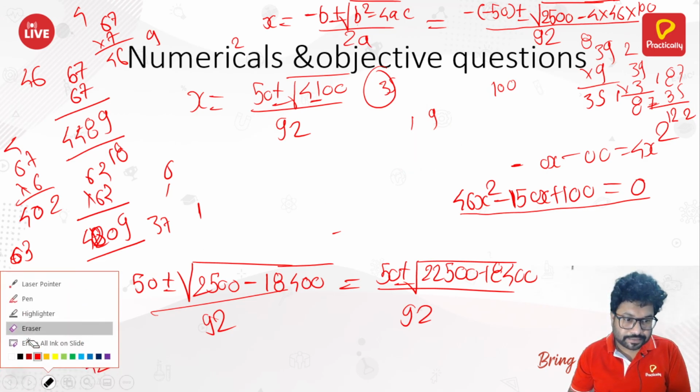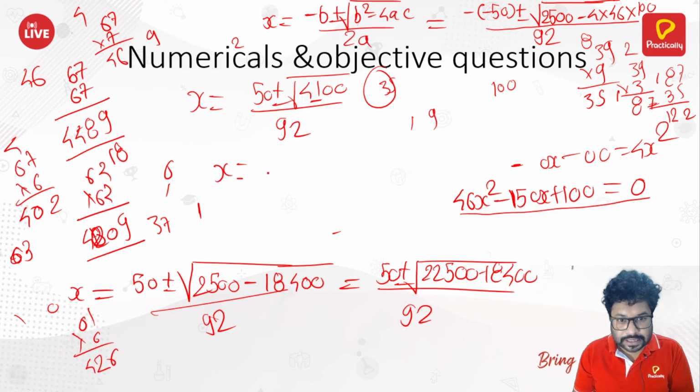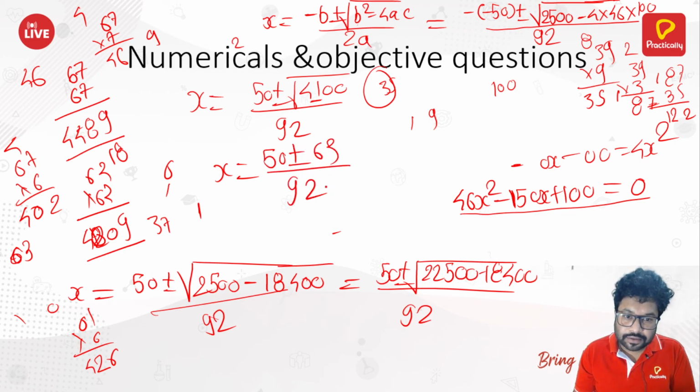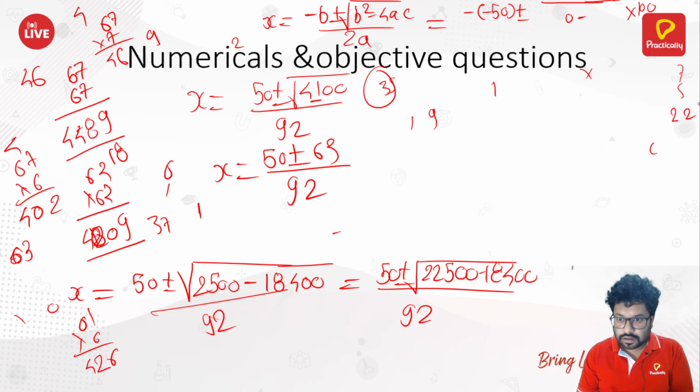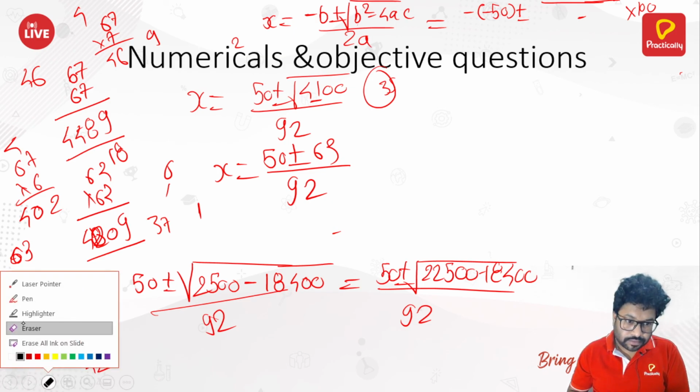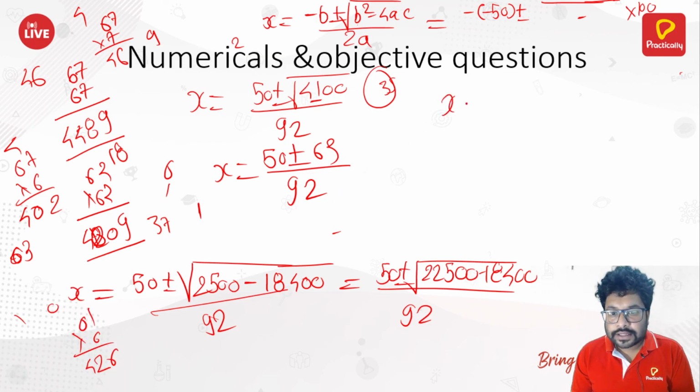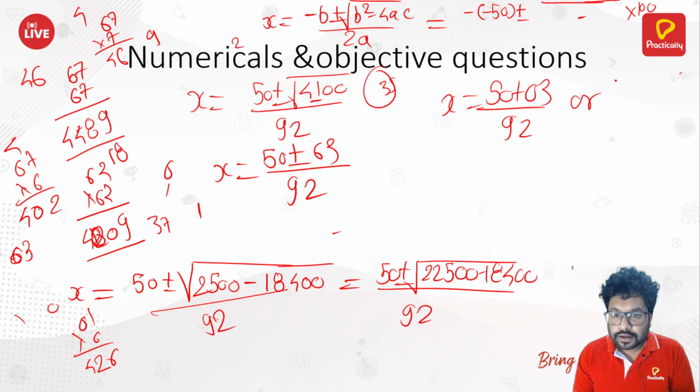Suppose it is around 63. So x is equal to 50 plus or minus 63 divided by 92. So x is equal to 50 plus 63 divided by 92, or x is equal to 50 minus 63 divided by 92.